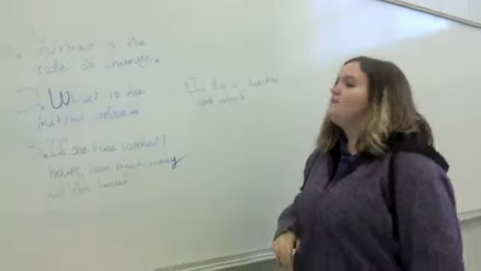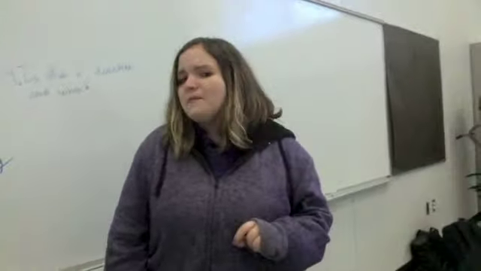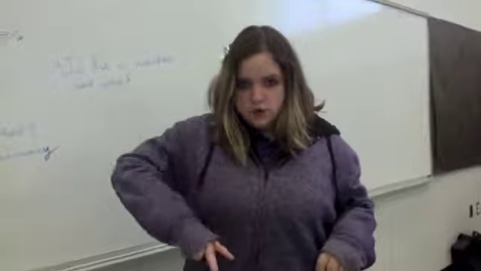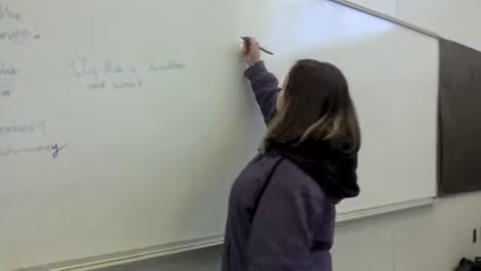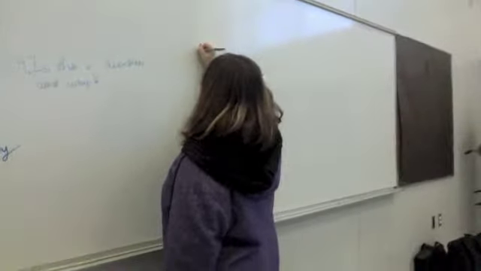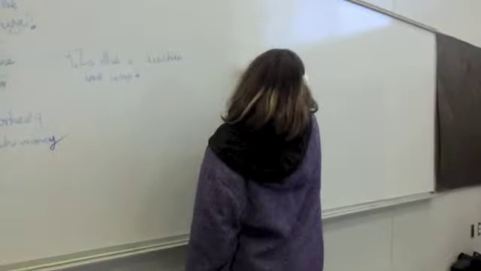Is this a function and why? A function is where one input cannot have two outputs, but two inputs can have the same output. So, let's see, if you had 3 people, Harry, Mary, and Larry.